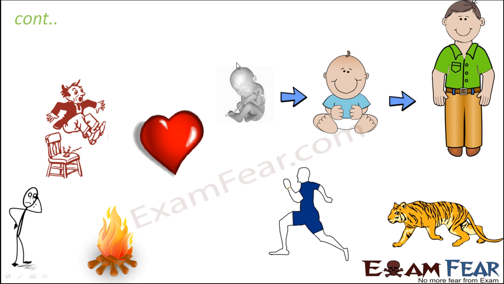So if you see, there has to be a system inside our body to interpret things, to give us instructions on what needs to be done next, and also to coordinate between the various activities taking place inside our body. This control and coordination is taken care of by two systems, the nervous system and the endocrine system.